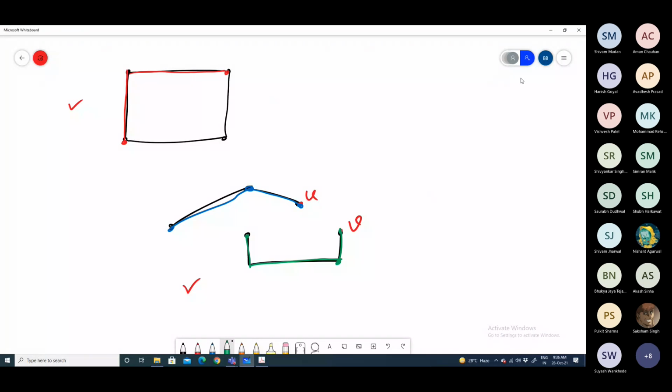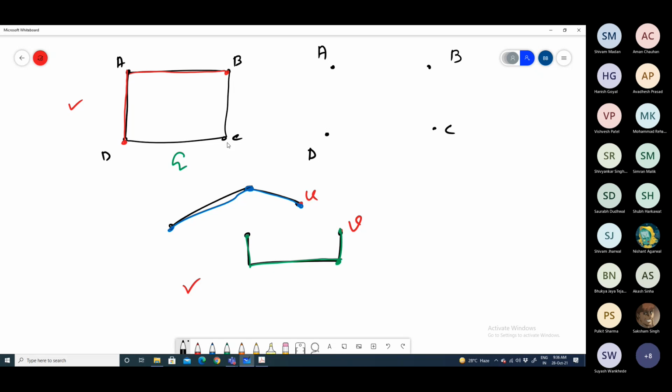For example, you have this one. This is your G. Now what will be G complement? You have four vertices, and the vertex set will be the same. Suppose these are A, B, C, D. A is connected with B, and A is connected with D, so these will not be edges in G complement.